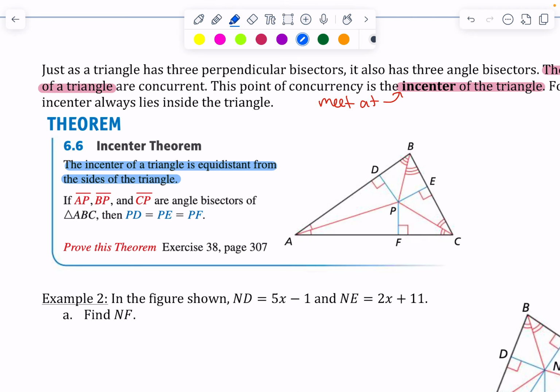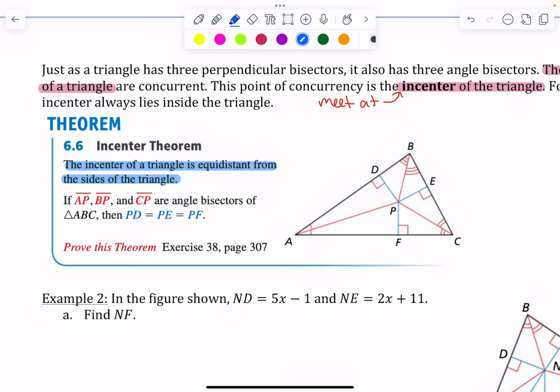In other words, point P is equal distance to side AC, to side BC, and to side AB. So if I tell you that segment DP is 14 units long, then PE is 14 units long, and PF is 14 units long.